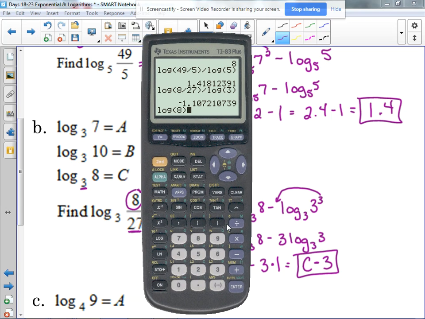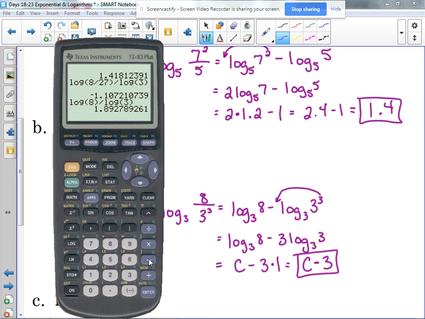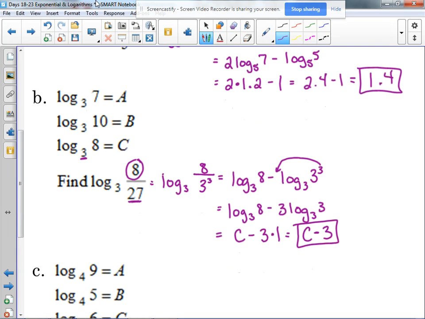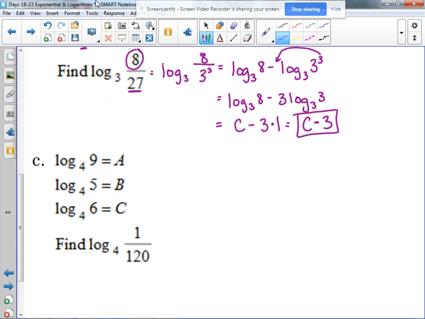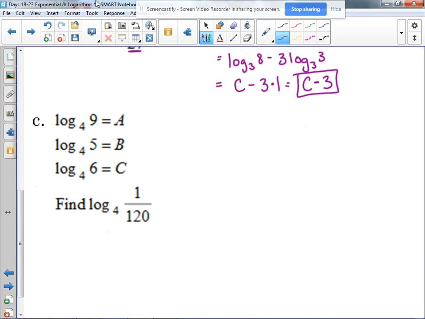That's the log of 8 divided by the log of 3. And then if we subtract 3 from that, we should get negative 1.107, and we do. So you can still check it. It just takes a little bit more work. Okay, let's do one more like that, and we'll be good to go.